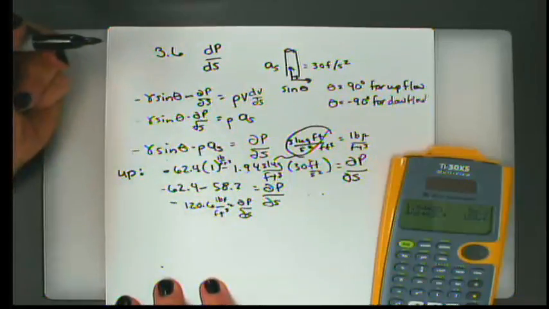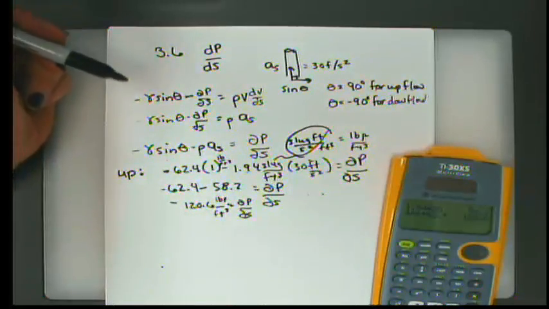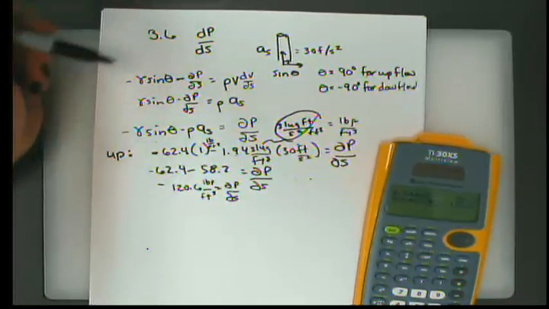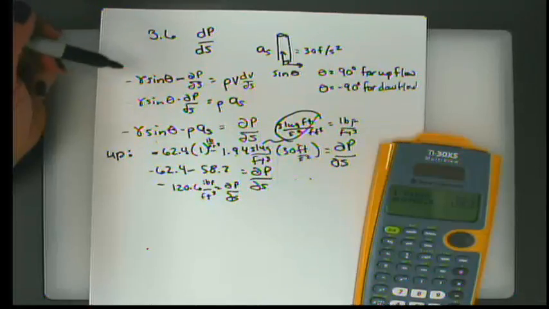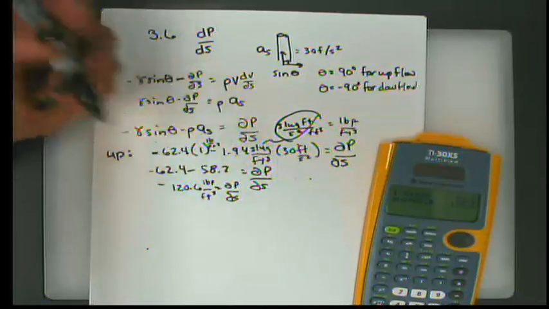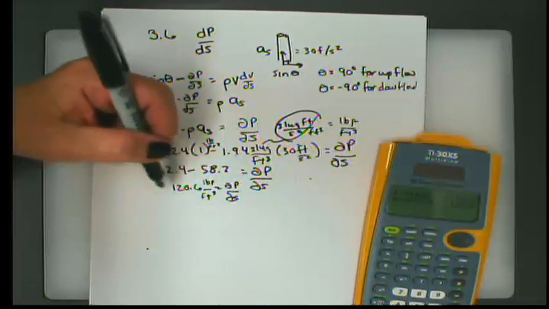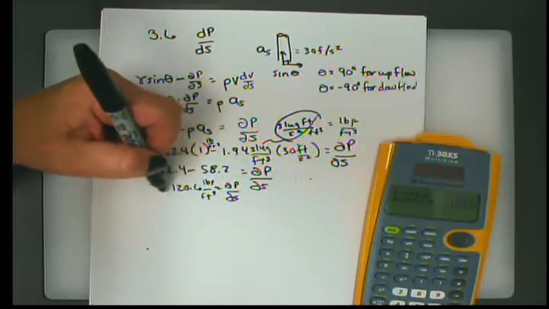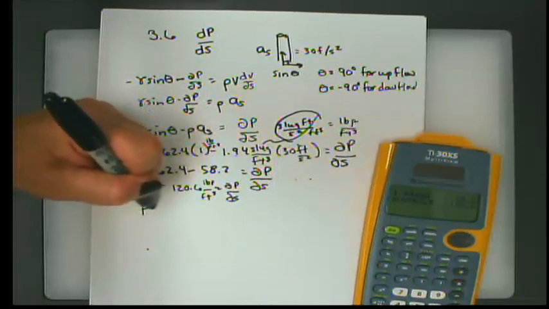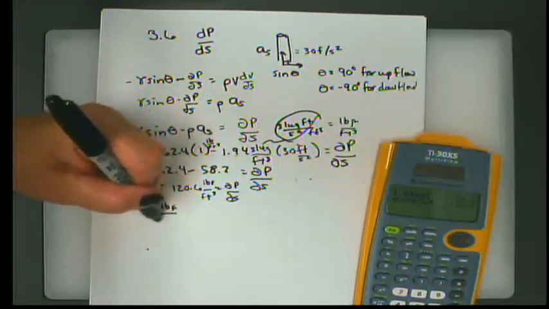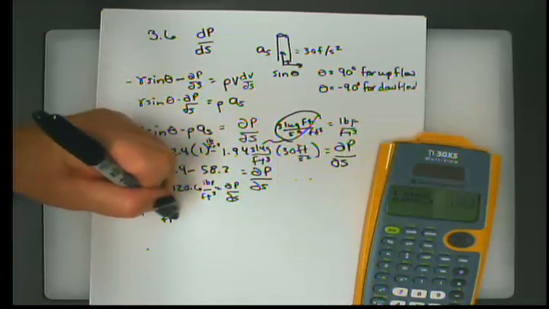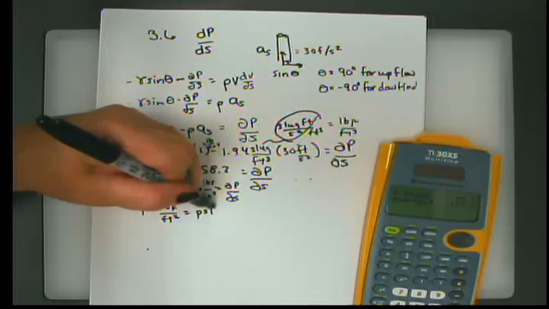All right. Now, there's a little something funny about this number. Well, it's not funny, but I just want to point something out about what's going on in your textbook. Pressure needs to be measured in pounds of force per feet squared, which is called a PSF.